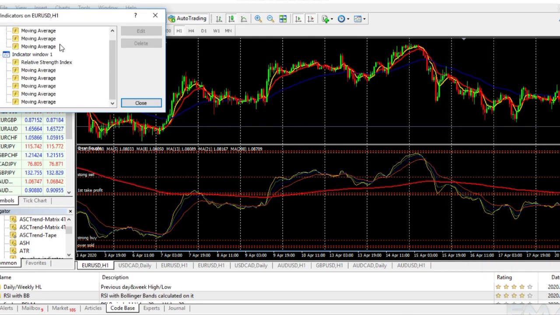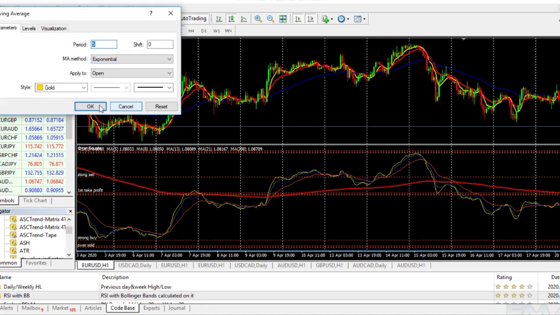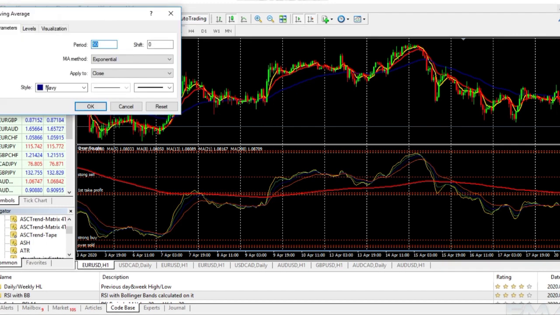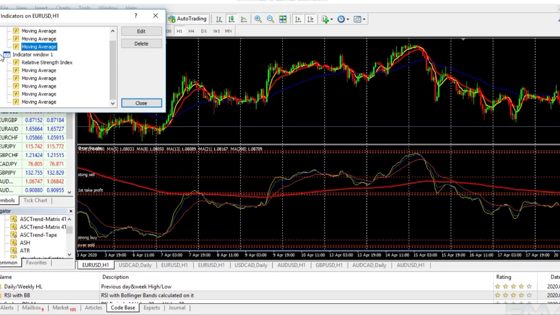The first one is a 5 exponential moving average, then a 13 red exponential moving average, and the last one, 50, below, also an exponential moving average.